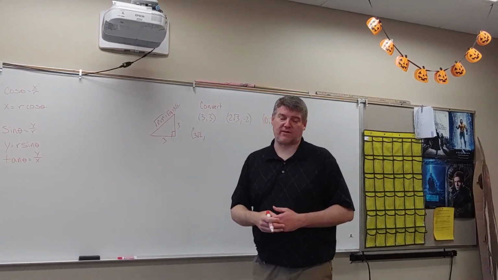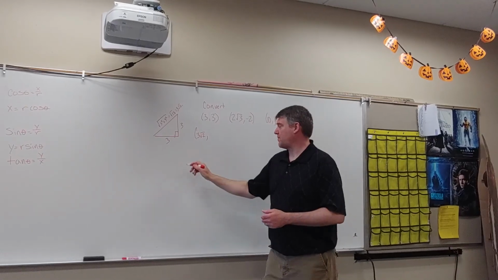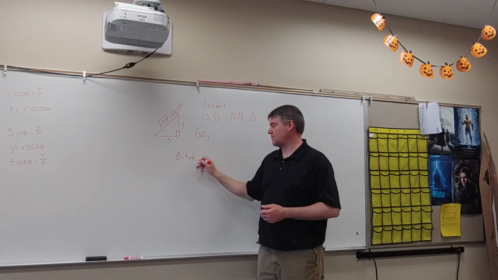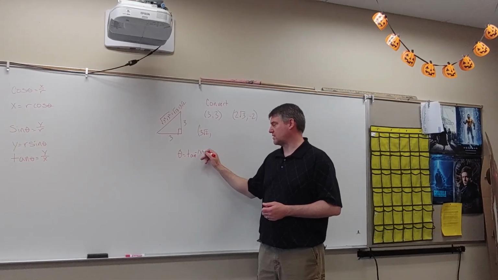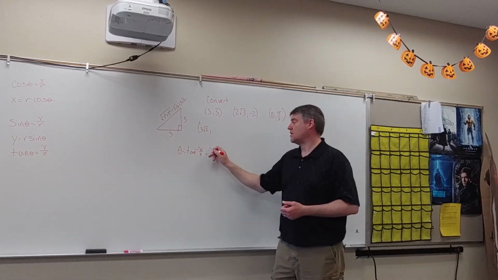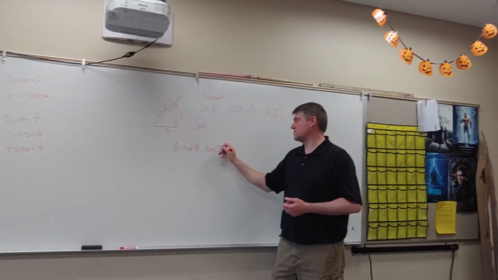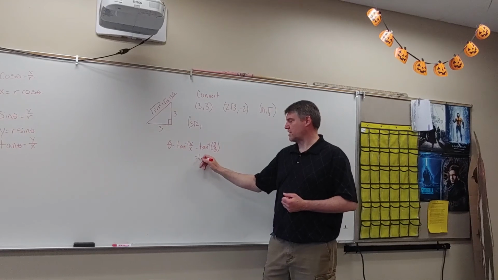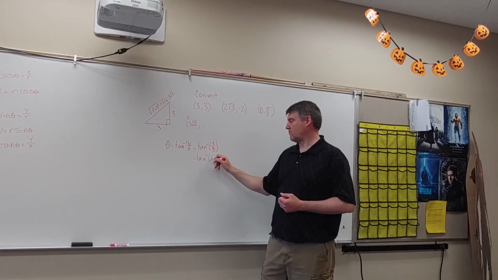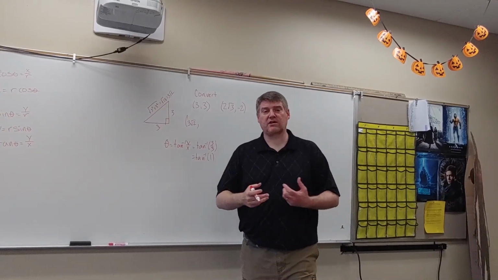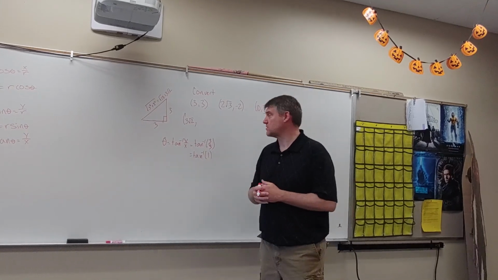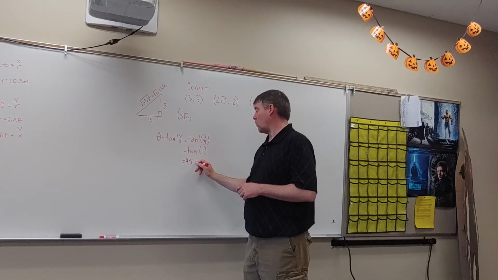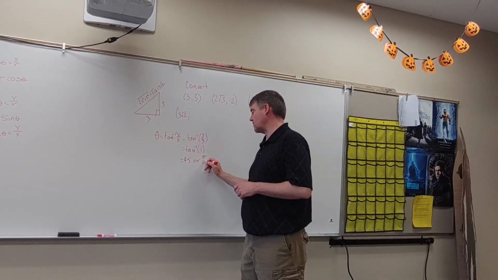I now need to find my theta. And theta is equal to, if you remember last time, we talked about how theta was equal to tangent inverse of y over x. So now I have tangent inverse of 3 over 3, which is 1. So tangent inverse of 1. Well, if you look on your radian conversion chart, the first occurrence of that is at 45 degrees, or pi fourths.